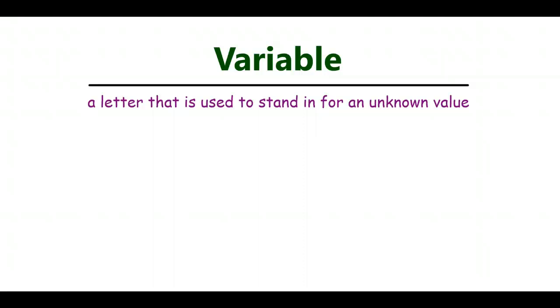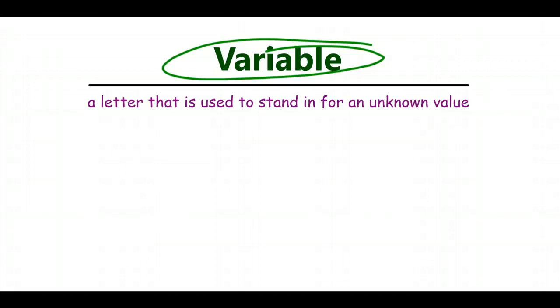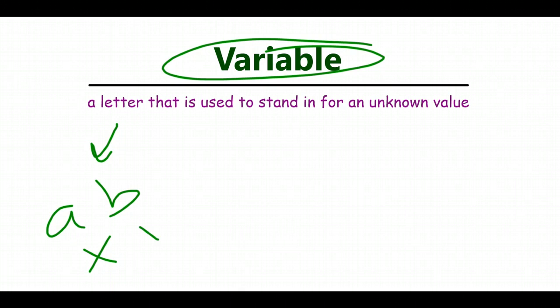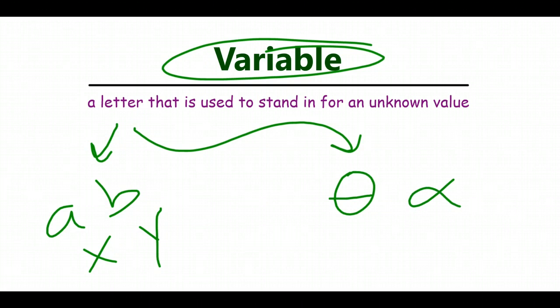And we're starting with one of the most fundamental concepts for most of the rest of math, and that is variables. The fact that we can use a letter, quite literally letters A, B, X is one of the most popular variables, Y. Sometimes we use Greek letters to stand in for variables, theta, alpha, gamma, etc. So just a letter to stand in for some value that we don't know.